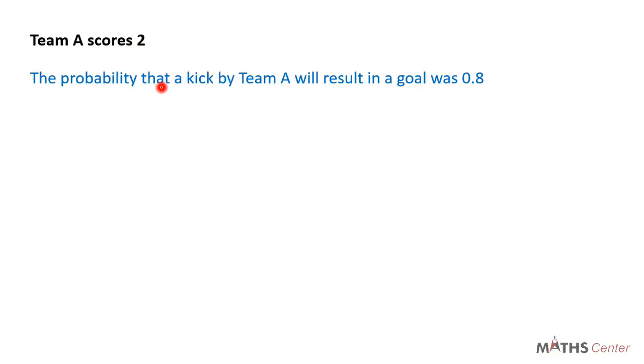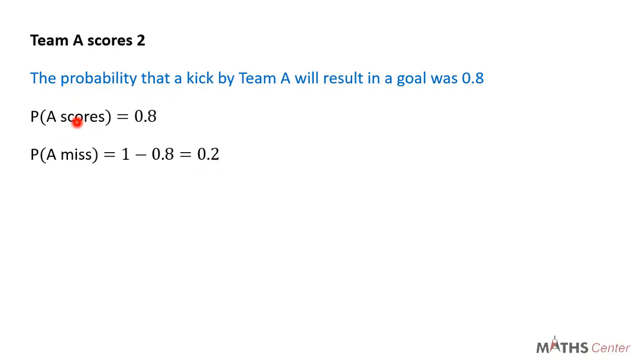From the question, we are told that the probability that a kick by team A will result in a goal was 0.8. So it means that the probability that team A scores is 0.8. If the probability that team A scores is 0.8, then the probability that team A misses will be equal to 1 minus the probability that team A scores, which should be 1 minus 0.8, and that gives us 0.2.